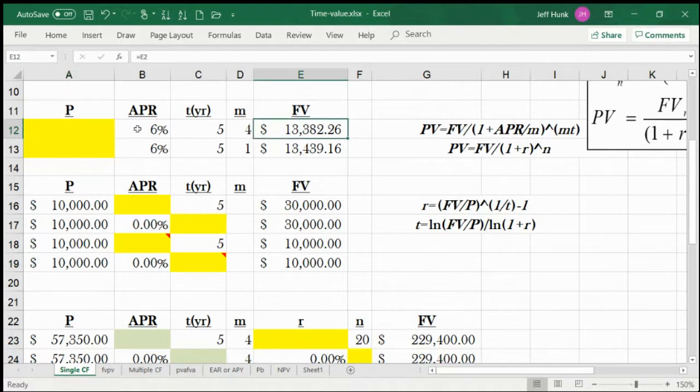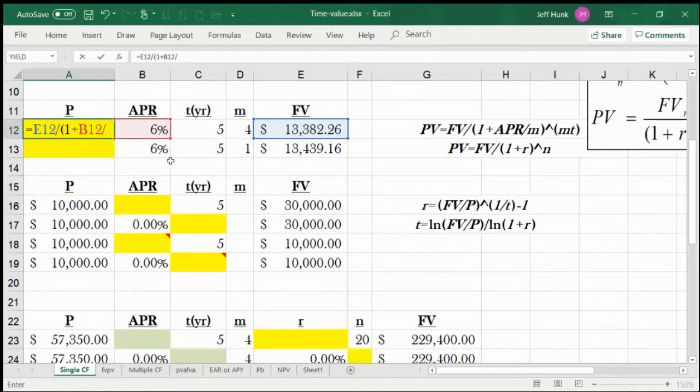So in this example, this is the example we already know. Future value is this, 13,000, and APR is this, right? Time is this, right? Compounding frequency is quarterly, right? This one, annual, right? Then, what is the present value? Present value is simply the future value discounted, right? 1 plus APR.